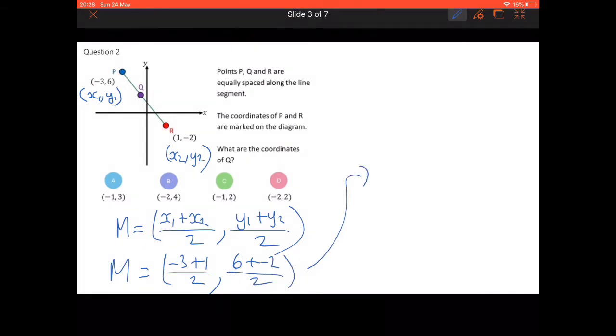So -3 plus 1 leaves us with -2. So it's -2 over 2, and 6 plus -2 is 4. So we've got 4 over 2. If we just simplify them, we end up with -1 and 2. So our answer to this one is C.